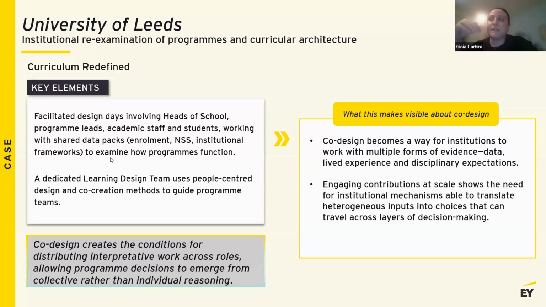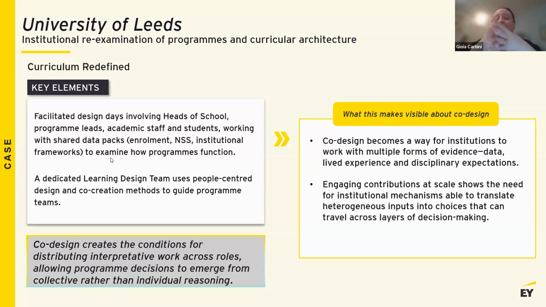So they started to facilitate different moments that involved very vertical roles, so heads of school, program leads, etc., with students, workers, and different partners to truly examine how the program works.